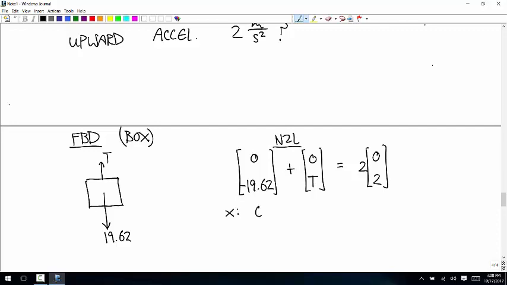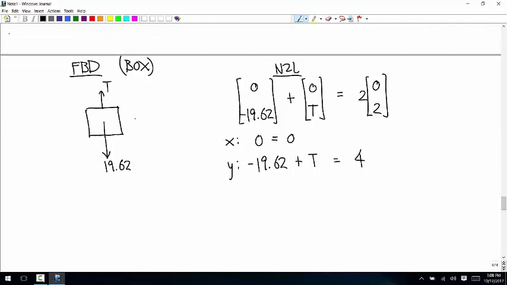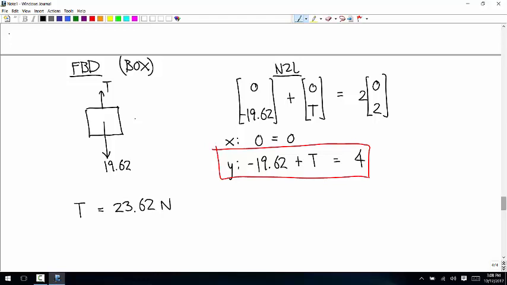The x equation says 0 equals 0. The y equation says negative 19.62 plus T is equal to 4. And so T is equal to positive 23.62 newtons.